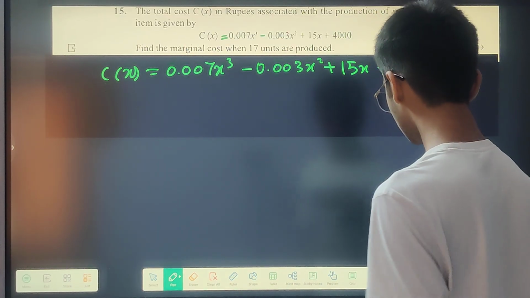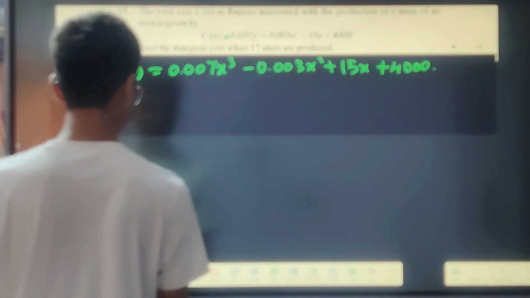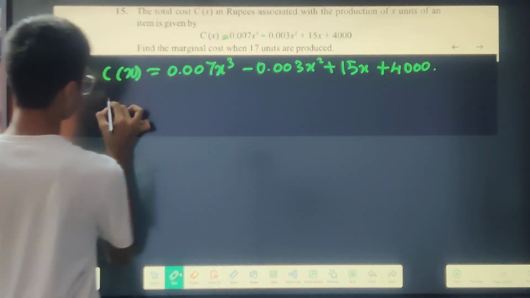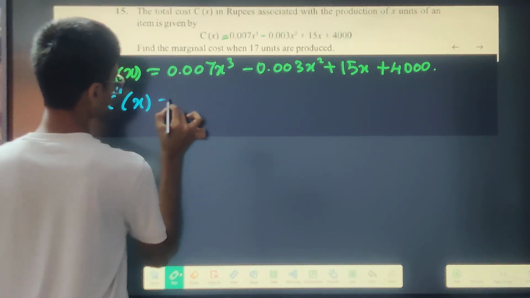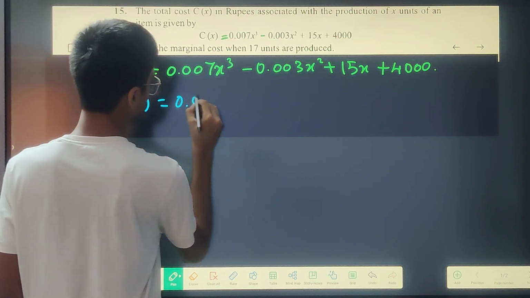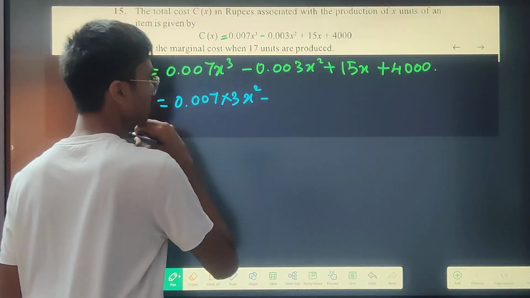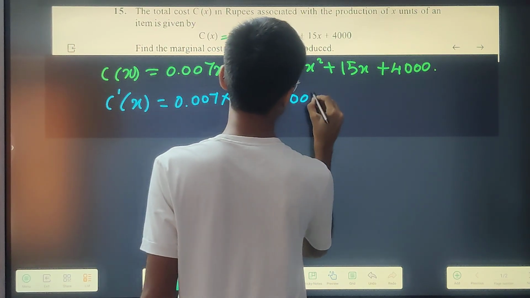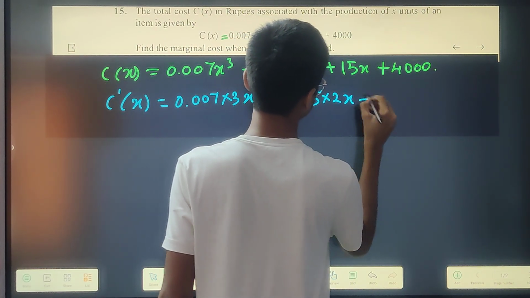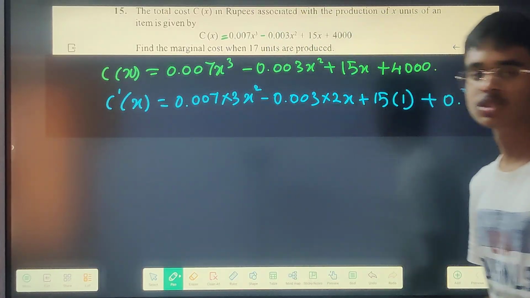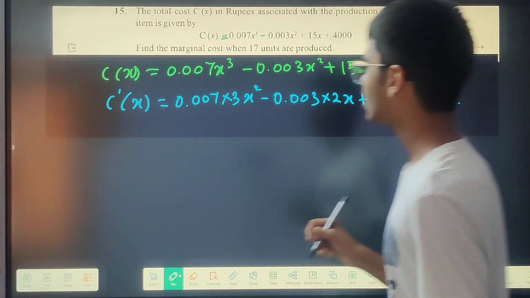Okay, so this is your question. First you will have to differentiate it. So C dash x is equal to 0.007 into 3x square minus 0.003 into 2 into x plus 15 into 1 plus 0. So this is what your differential equation is going to be.